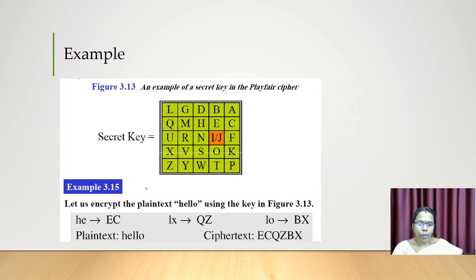We take the plaintext hello. For HE, both are in the same row, so the ciphertext rule is to take the letters to the right, so we get E, C. In the case of LX, they are in the same column, so we take the letters at the bottom, so Q and Z are taken. For the last pair, L is placed in the first row and O in the fourth row, so we form a rectangle, and the corresponding ciphertext is B and X.